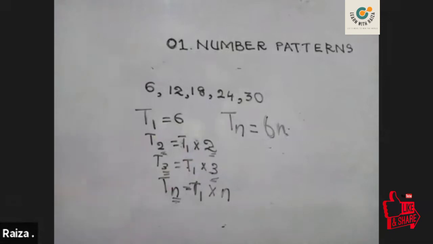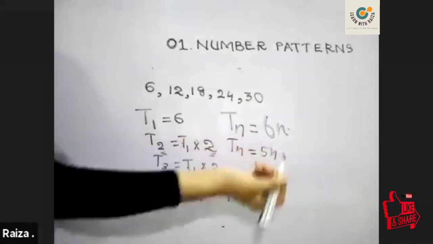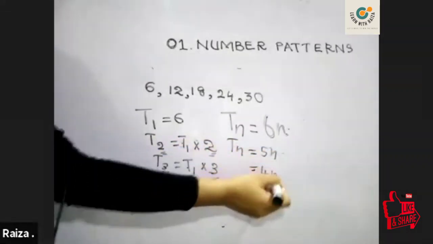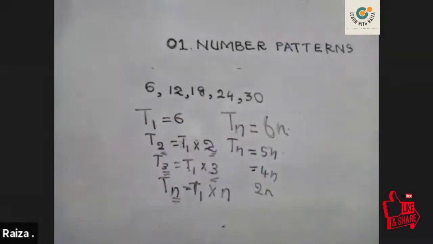That means if you are given the 5 times table, the general term for the 5 times table will be 5n. 4 times table, 4n. 2 times table, 2n. 6 times table, 6n.